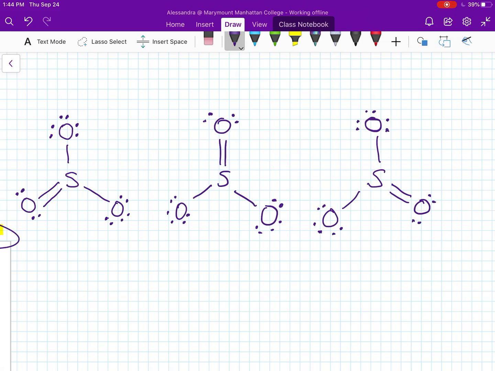So now I have 3 structures that all contribute to a picture of the SO3 molecule. And I'm going to draw double-headed arrows connecting them. These double-headed arrows are resonance arrows, and they are meant to emphasize the idea that these are 3 resonance structures.